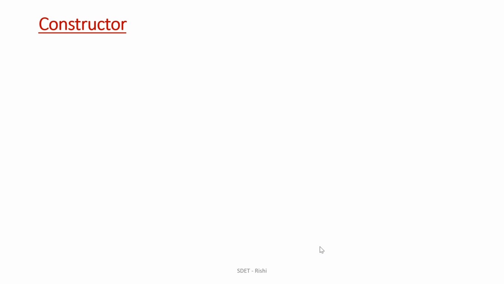It is not possible for a constructor, it will not follow the overriding rule, but we can overload the constructor. We will see examples in the upcoming videos and do some programming on top of that.